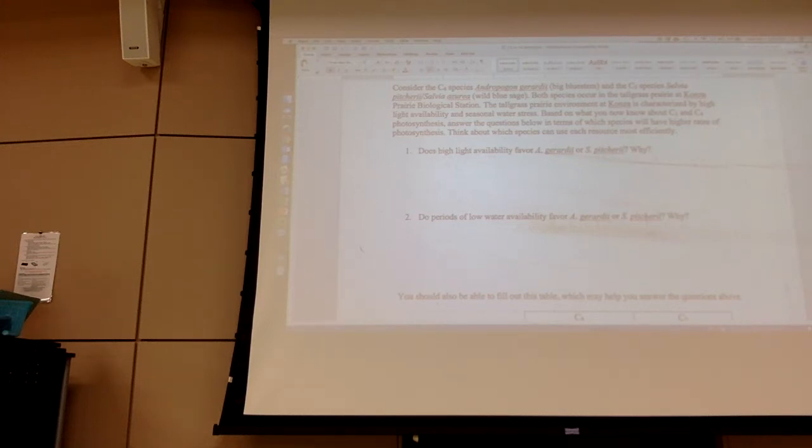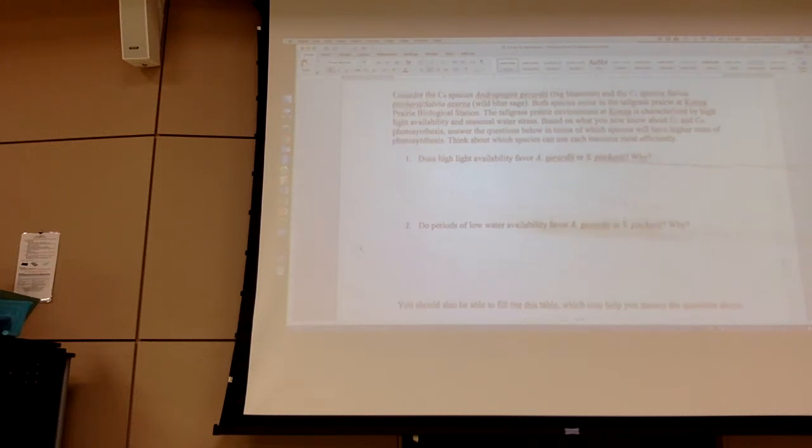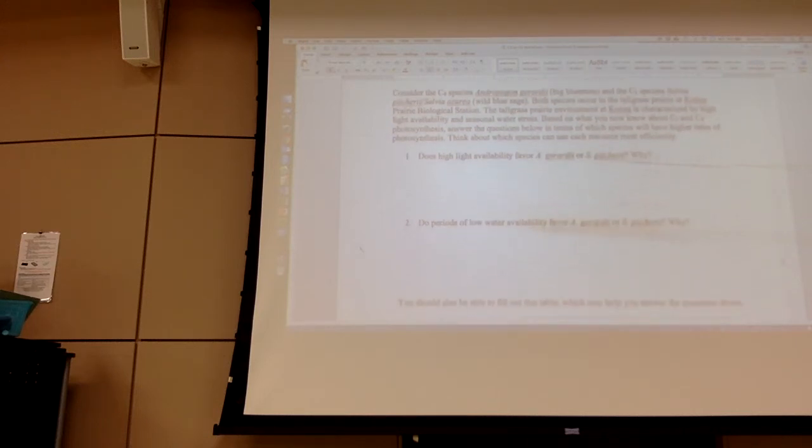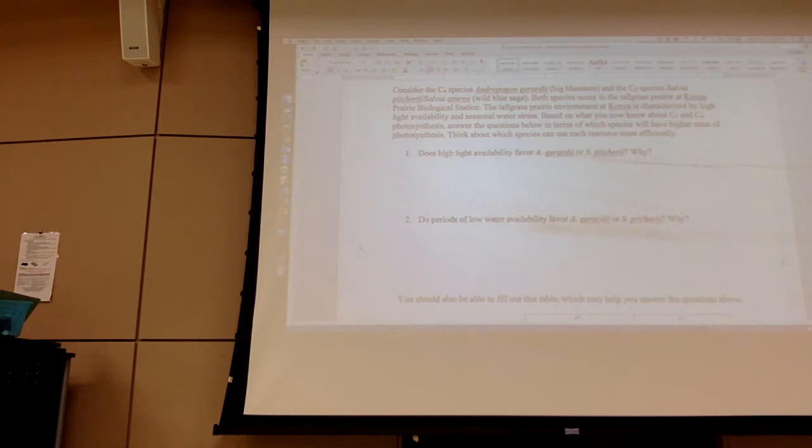All right, so in this worksheet, we're going to think about a C4 species, Andropogon gerardii, this big bluestem, and Salvia pitcheri, this blue sage. Now you've both seen those, right? We saw blue sage today, and we saw big bluestem on the very first day that we started talking about prairie critters.